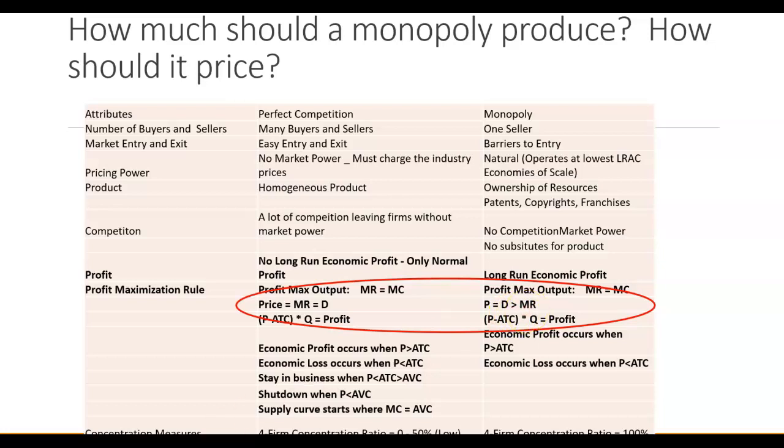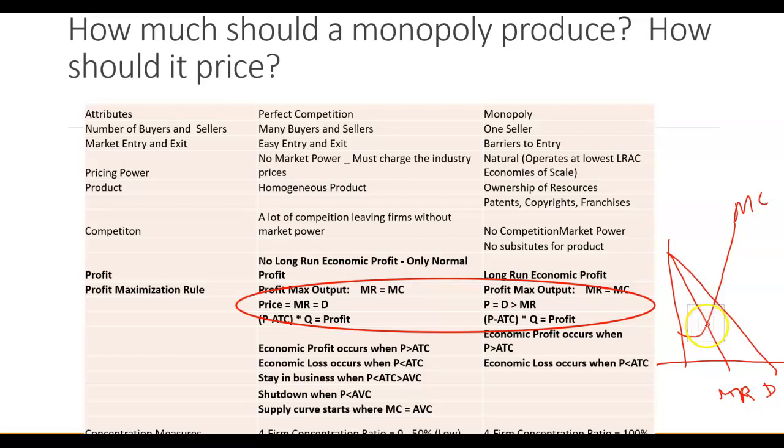So just to recap a little visual on that, this is your demand curve, and this is your marginal revenue curve. Here is your marginal cost curve. So our output is determined by where marginal revenue equals marginal cost.